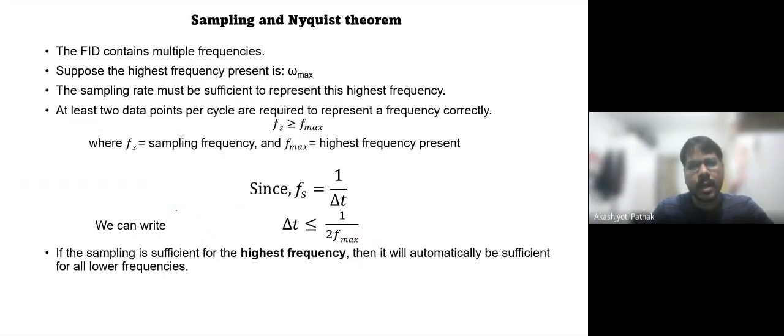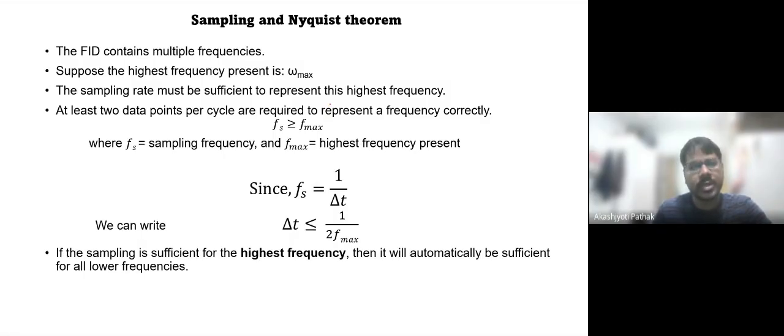Now, another concept that was discussed in the lecture was the Nyquist theorem, or Nyquist sampling. Your FID will contain multiple frequencies, because it is a superposition of the frequencies of all the nuclei. In the Nyquist theorem, if we consider the highest frequency present as omega max, the sampling rate must be sufficient to represent this highest frequency.